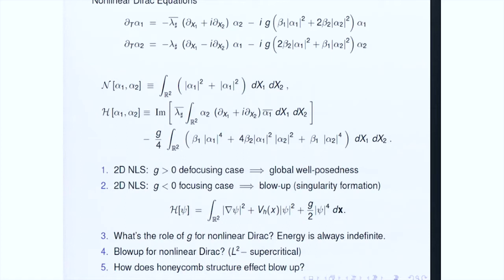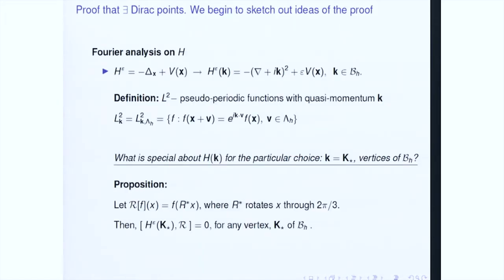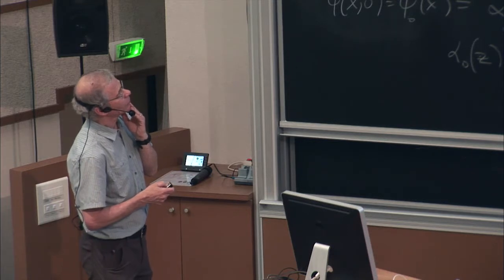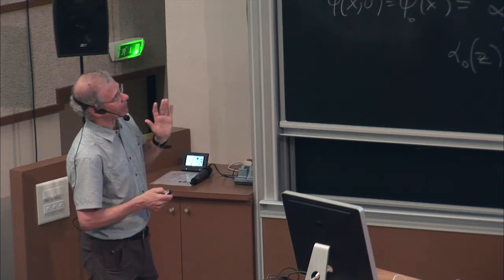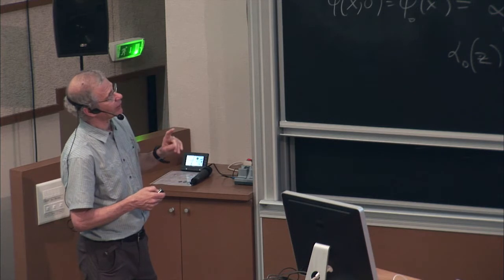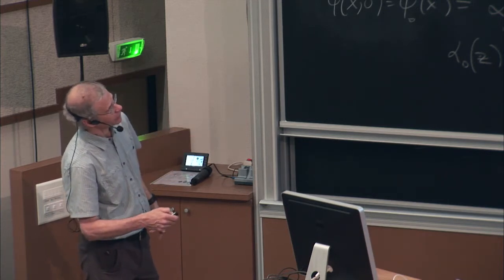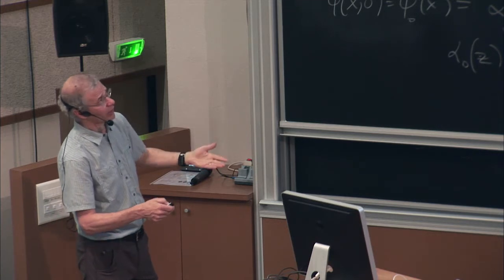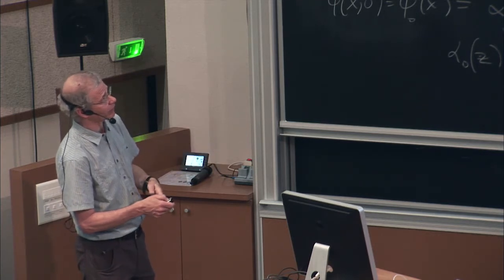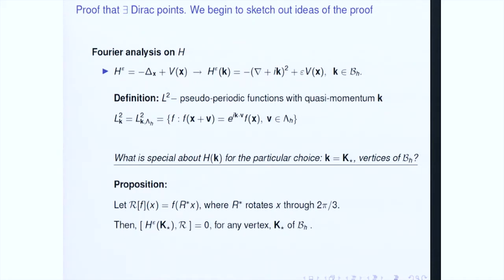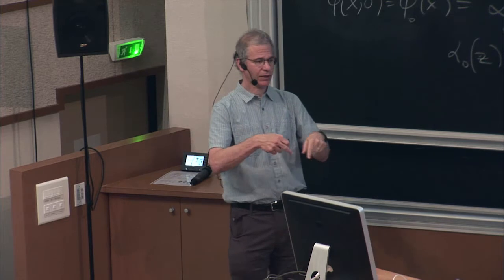Okay. Well, with a little time, I'll just comment briefly on some of the ideas. So where do Dirac points come from? If you look at the Fourier analysis on the honeycomb structure, you first look at this Floquet operator, where you replace gradient by gradient plus ik. And you could say, all right, the Dirac points are located at the vertices.